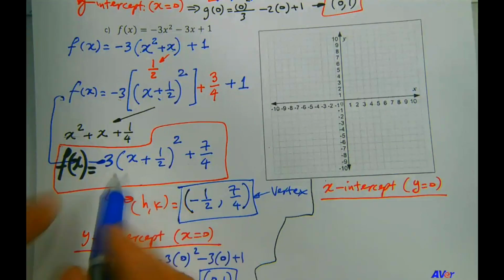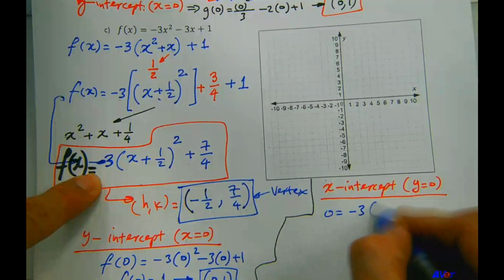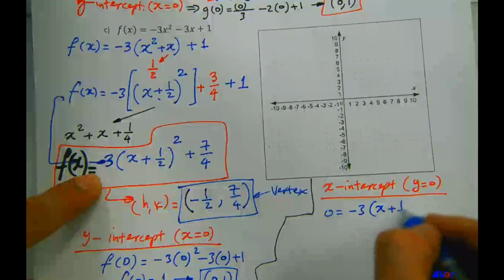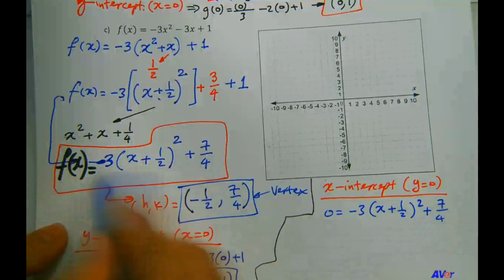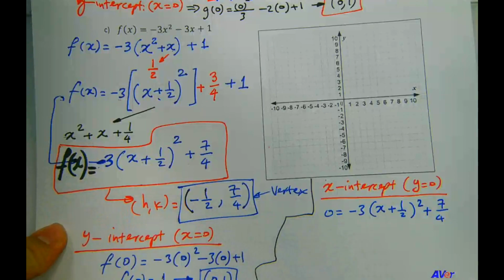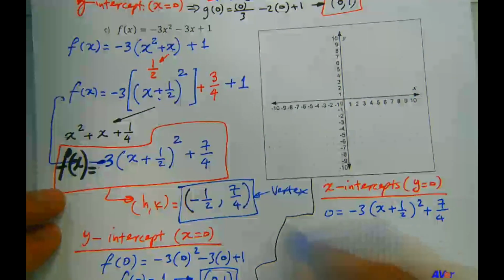Okay, so using this, we have 0 equals minus 3 times x plus 1/2 squared plus 7 over 4, right? So all of this set equal to 0 will help us find the x-intercepts. So now let's move this to the left.